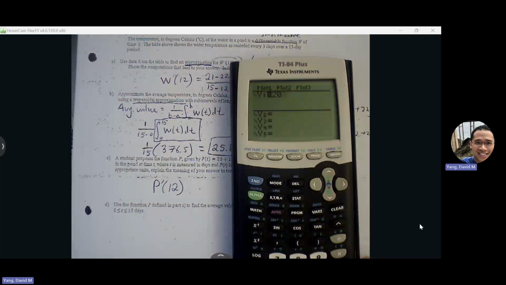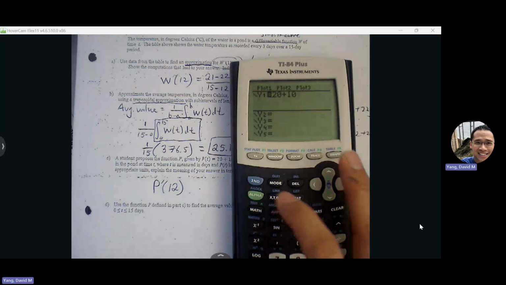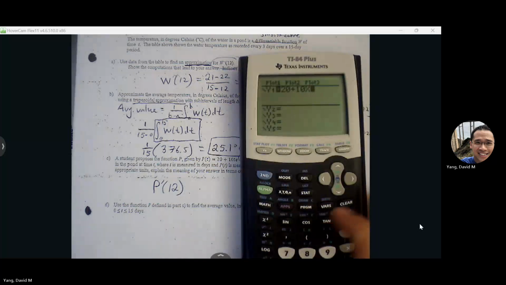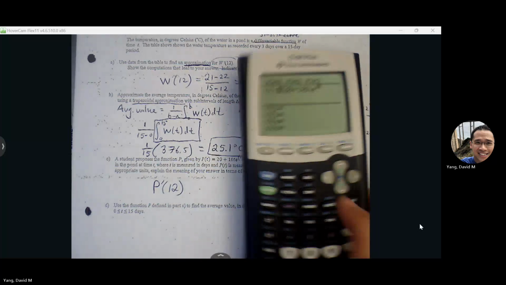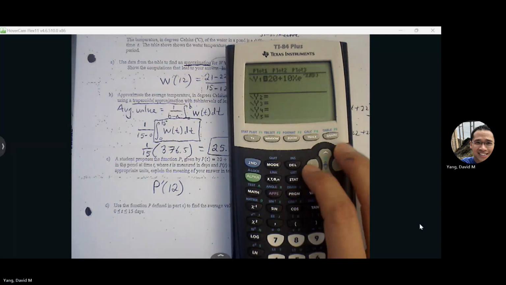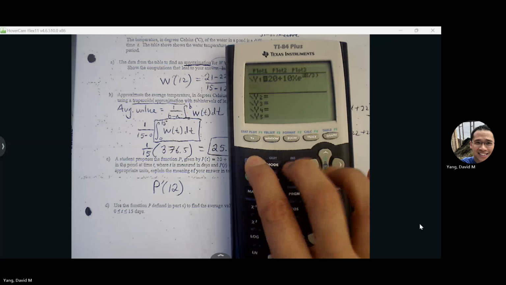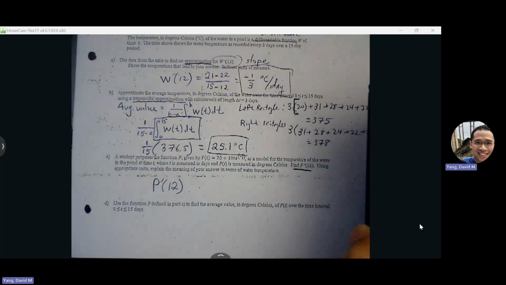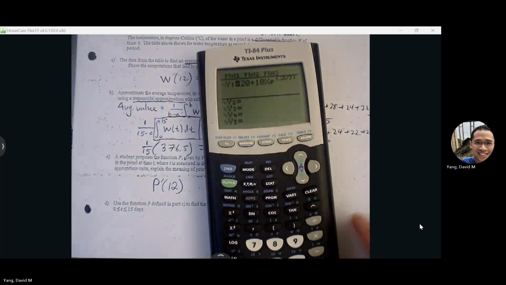So 20 plus x e to the negative x over 3. Again, it's showing negative x over 3, not negative 1 over 3.